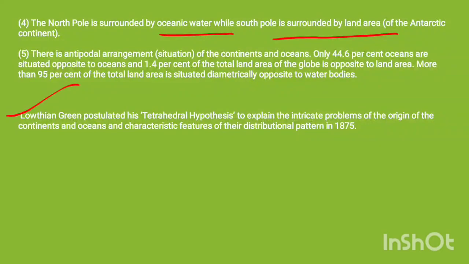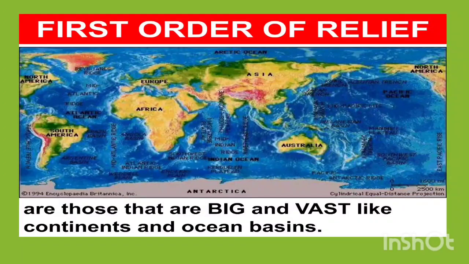The scientist Lothian Green explained the tetrahedral hypothesis in 1875, which indicates the problem of origin of ocean and continent. And this is very important, and several times the question came in the NET examination: who stated and who gave the concept of the tetrahedral hypothesis. Okay, that is your Lothian Green.